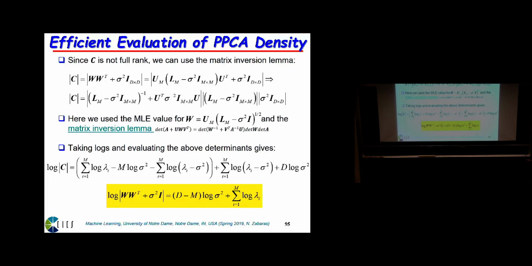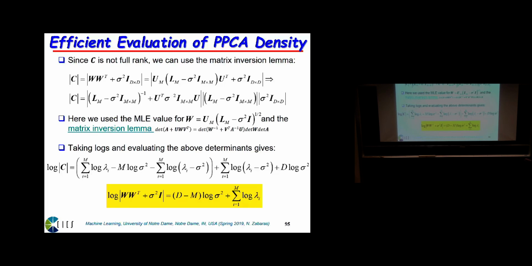So you plug in what W is, and you have to compute this determinant. The thing inside the determinant, you can write it in this form, and you can expand it. You can go home and say, this is equal to that, this is equal to that, etc. But this is what you get.